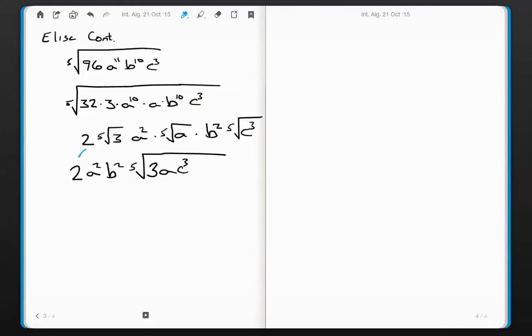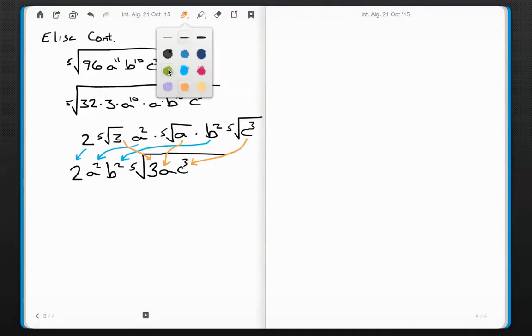Okay, so let's make a little map of what we did there. The 2 is from there, the a squared is there, the b squared came from there, and then the fifth root, the stuff that I've left over, the 3 came from there, the a came from there, and the c cubed came from there.